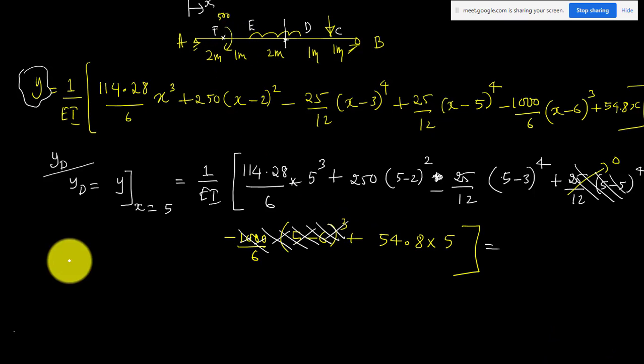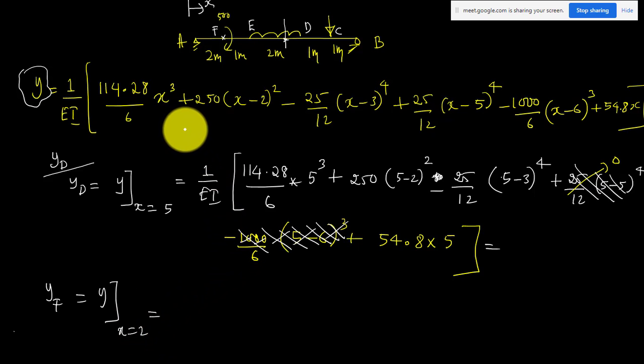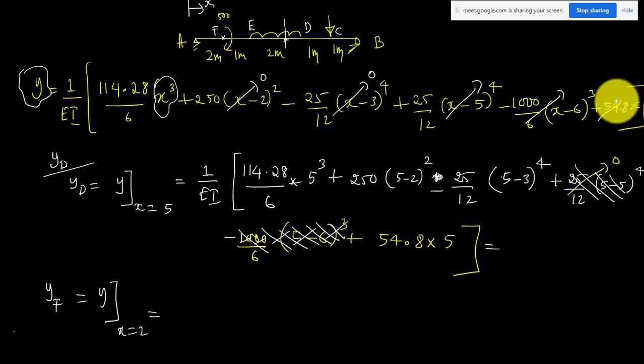Suppose you want to find the deflection at F, that is deflection y at F, which means x equal to 2 meter. Substitute x is 2 meter. This term will come as 2 cubed. This term will become 0, since 2 minus 2 is 0, and this one is becoming negative, so this term also will become 0. Like this, all these terms will become 0, and only this term will come.